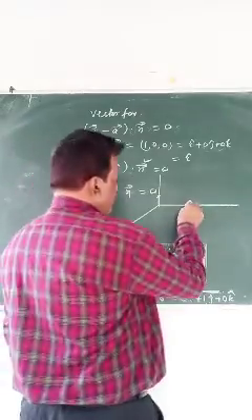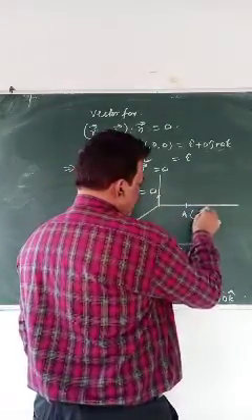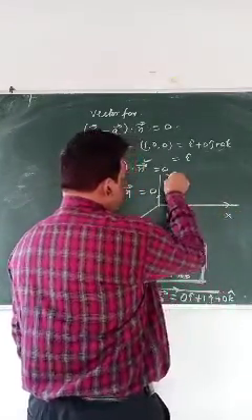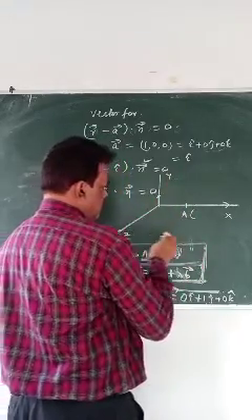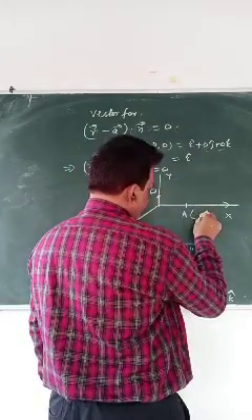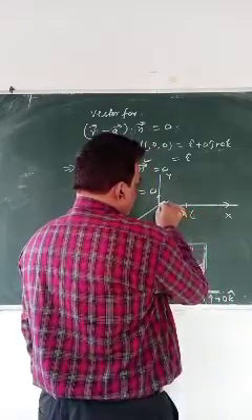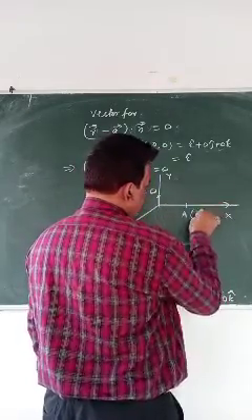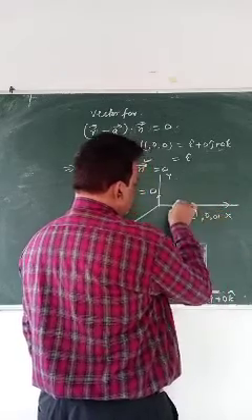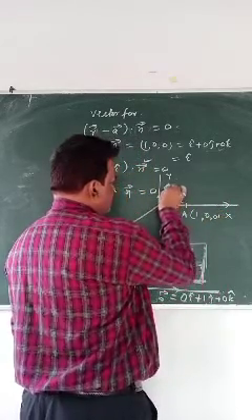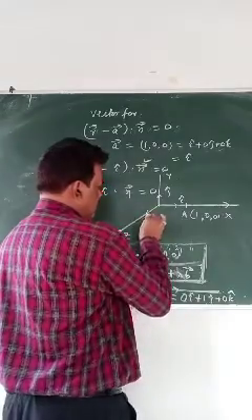This point is on the x-axis. This is suppose the y-axis. This is your z-axis. This is containing a line, that is 1, 0, 0. This is your i, this is your j, this is your k.